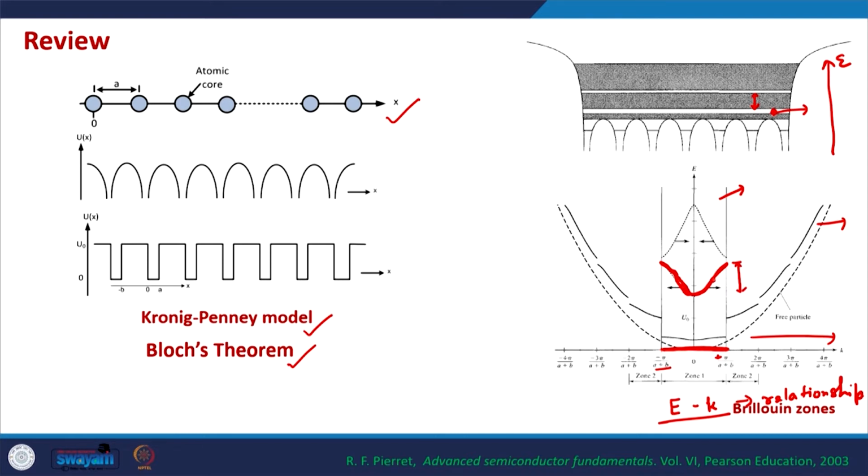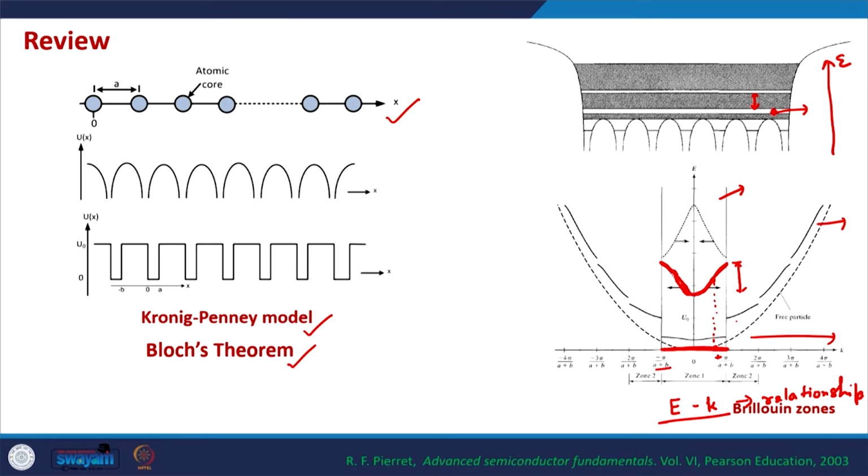So, corresponding to this point we will have the K value to be this. Okay. So, this is known as one electron band, and corresponding to a band the set of K values is known as Brillouin zones. So, this is why we can also find out Brillouin zones from the EK relationship.